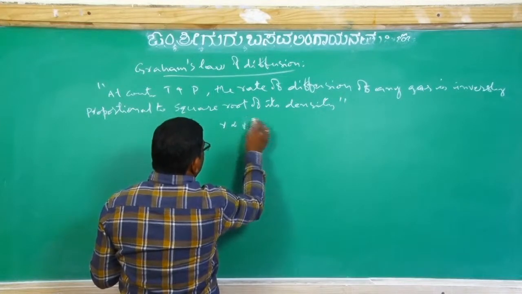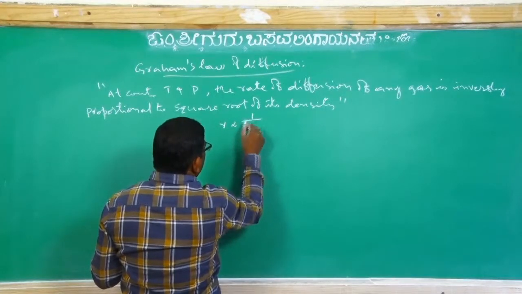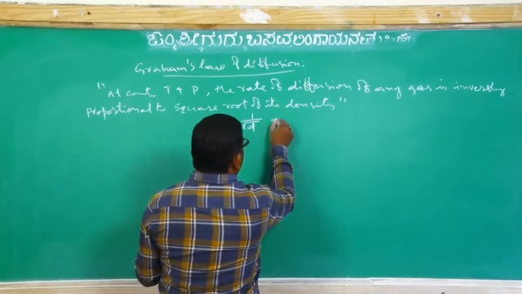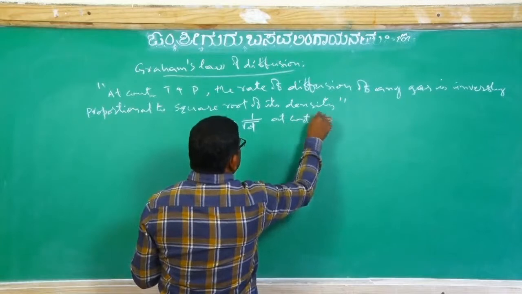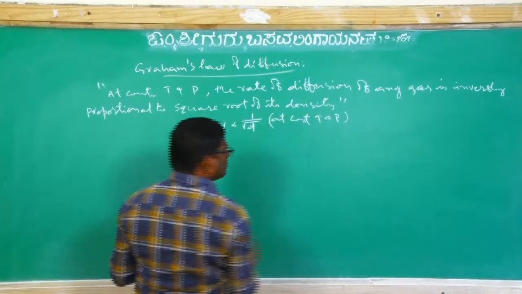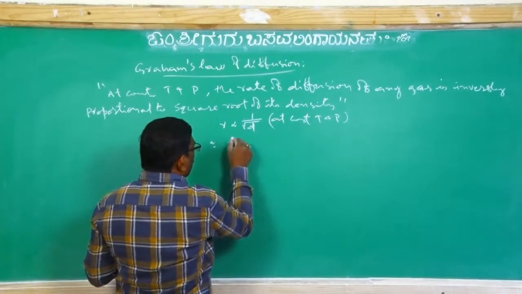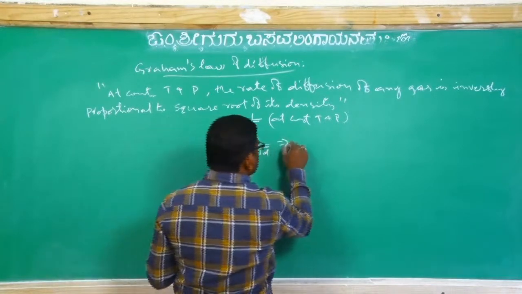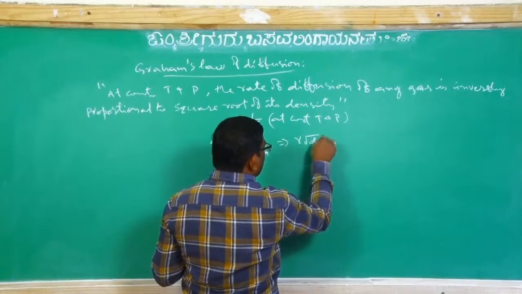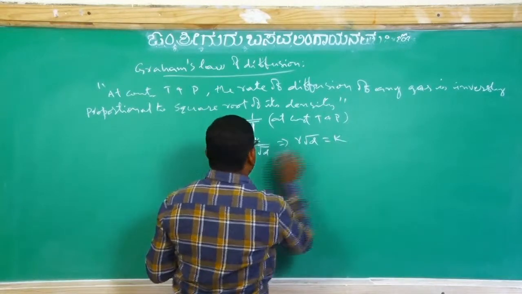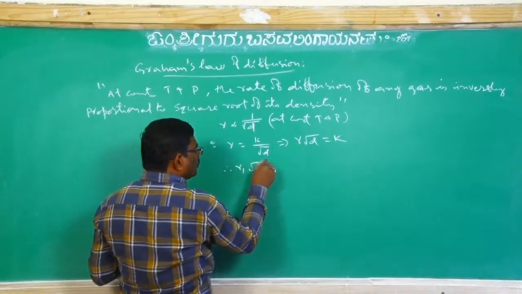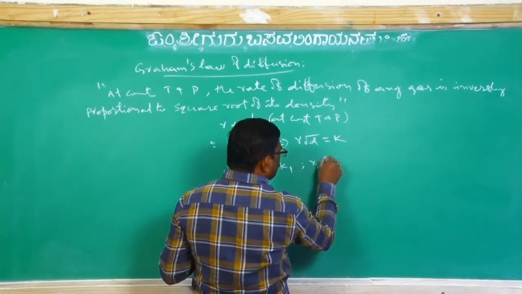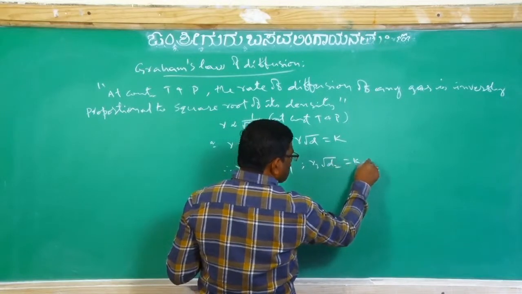R is 1 by its square root of density. Like this we can take at constant temperature and pressure. That R equal to some K by root D implies R into root D equal to K. Therefore, R1 into root D1 for first gas is K1 and R2 into root D2 for second gas is K2.